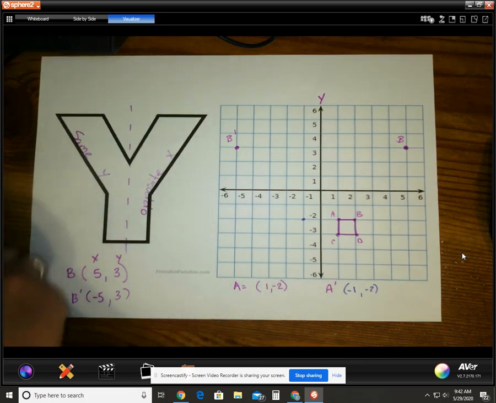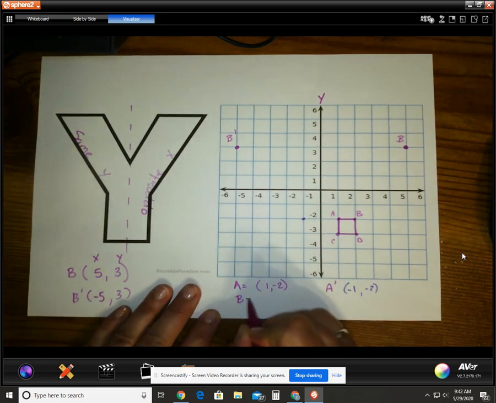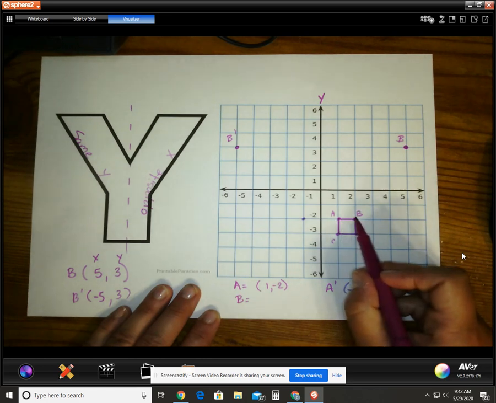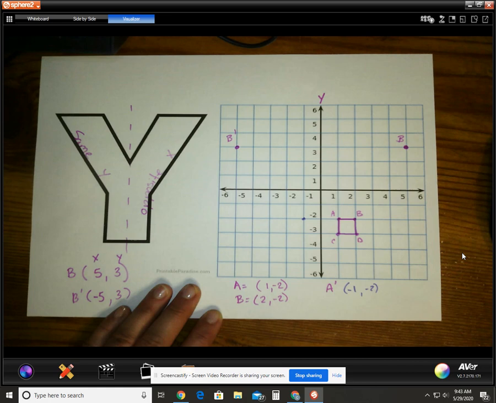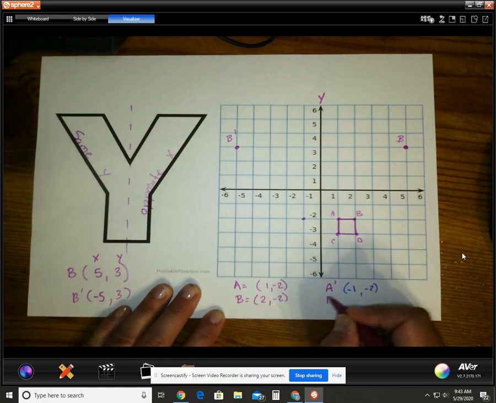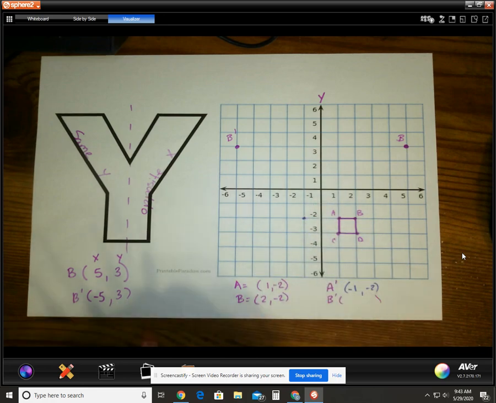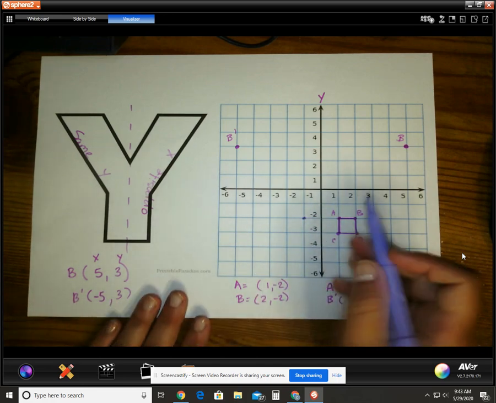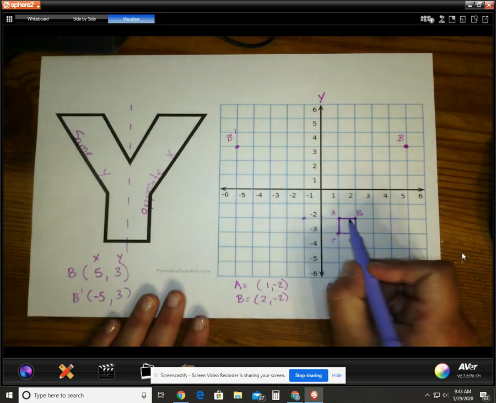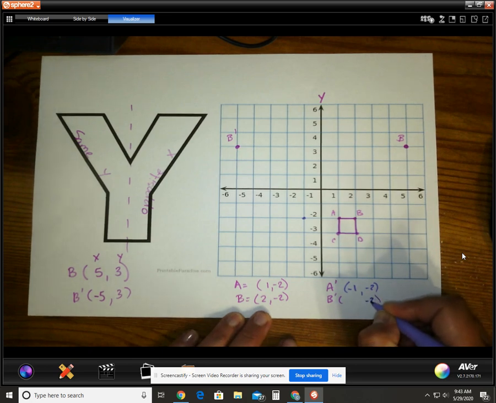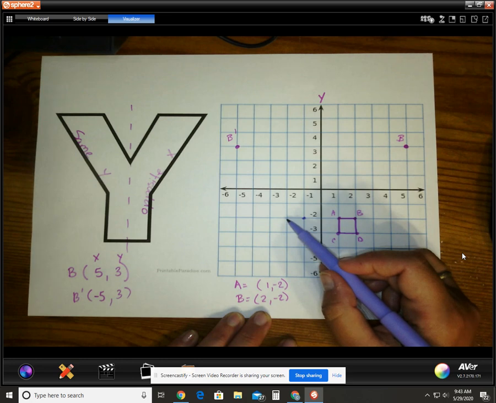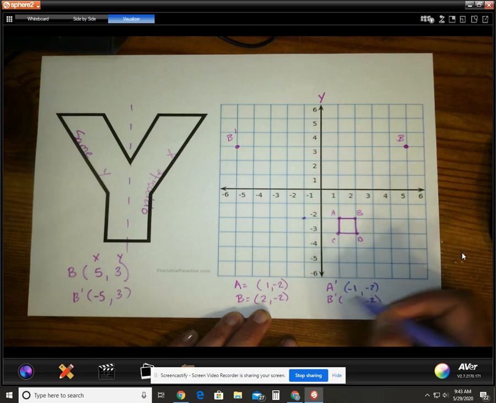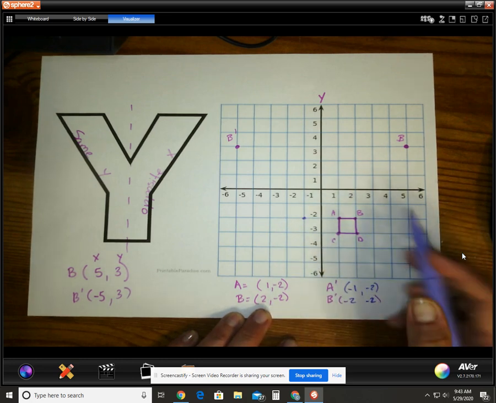Okay, same thing, I'm going to go to B, and I'm going to say, oh, B is at 2, -2. Okay, so my B prime, if I'm reflecting it over the y-axis, I'm going to keep my y the same. And this time to get over here, I would have to do the opposite of 2, which is -2.